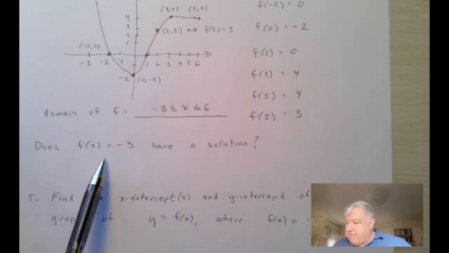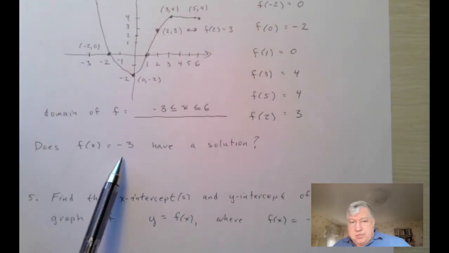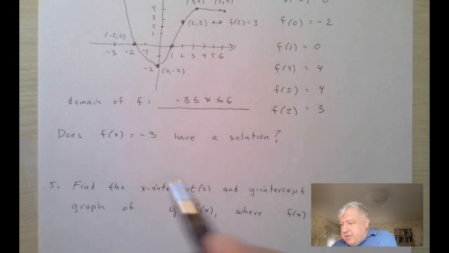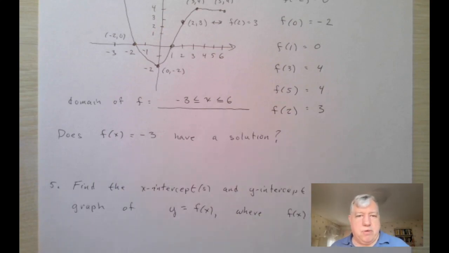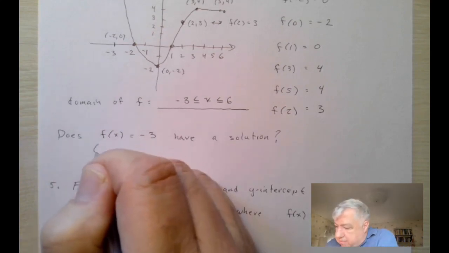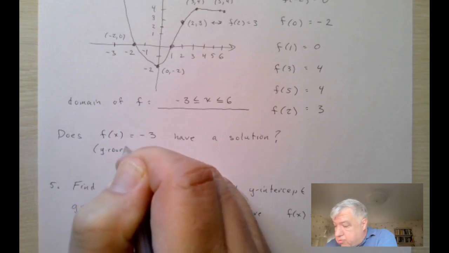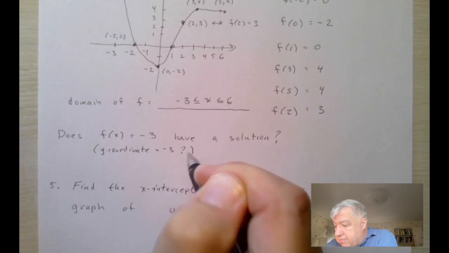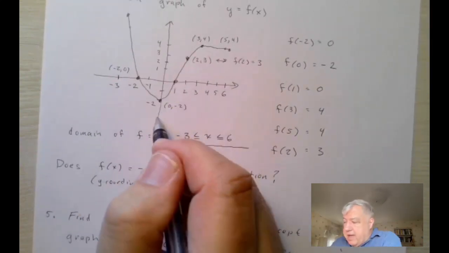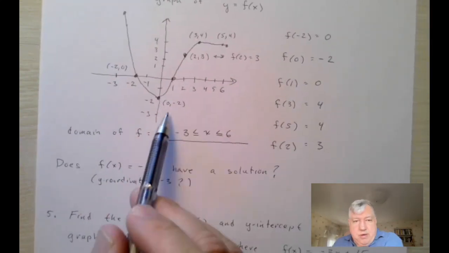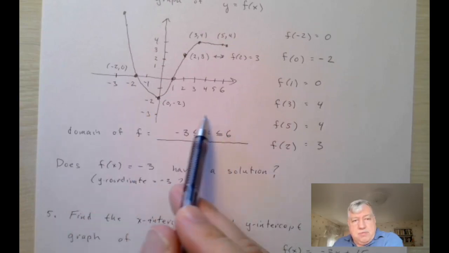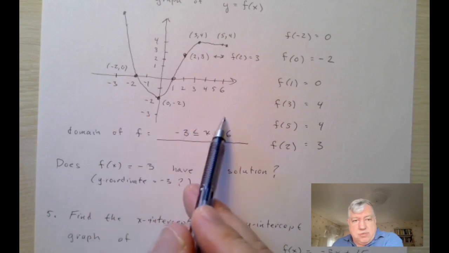Does f of x equals negative 3 have a solution? Another way of asking this question is: is there a point on the graph whose y coordinate is equal to negative 3? We can see down here, negative 3 is all the way down here, and there is no point on the graph on this horizontal line where y equals negative 3.